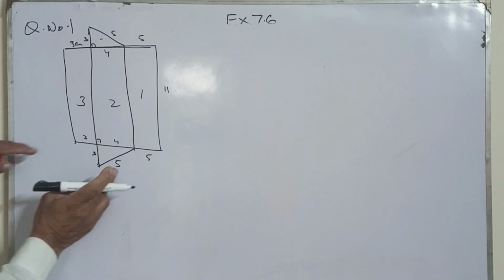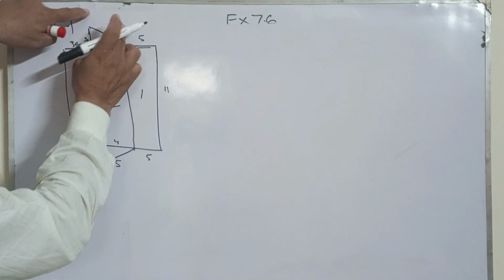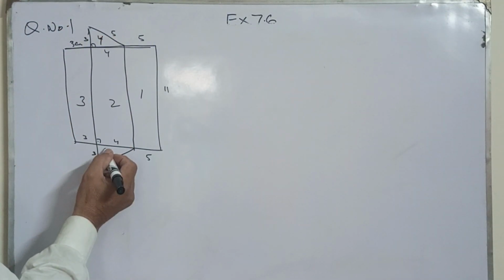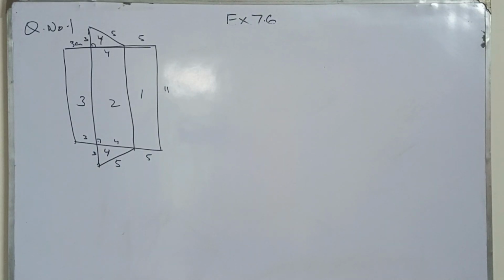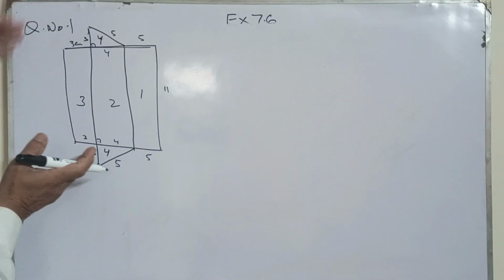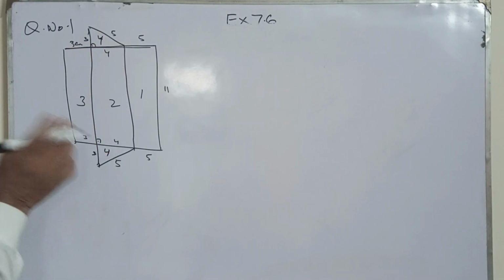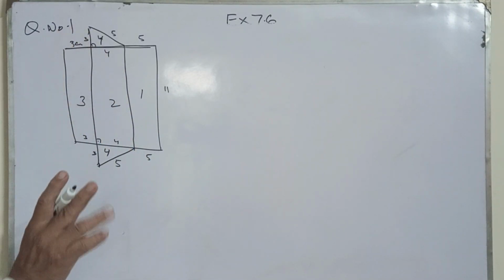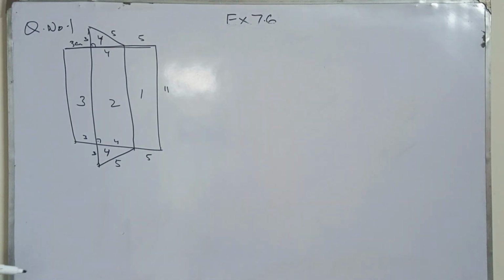This triangle and this triangle are equal, so I am going to number it 4 for both. So 1, 2, 3, 4, and 4 are 2.